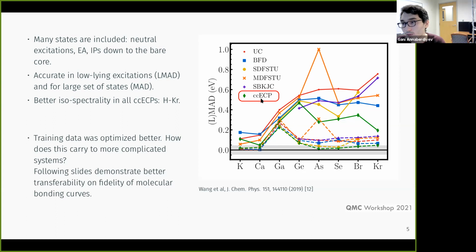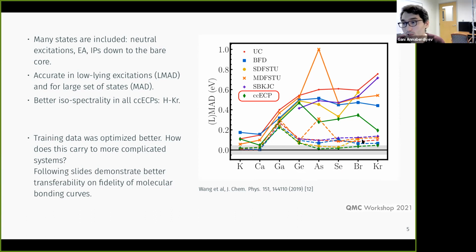As you can see here, the CCECP is represented by the green color, both in the MAD, shown by the solid lines, and in the LMAD, shown by the dashed lines. There's a good improvement over the older ECPs.